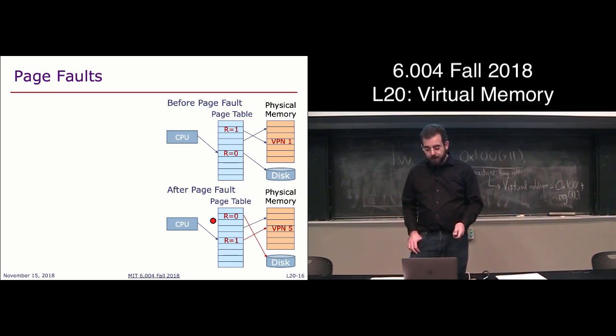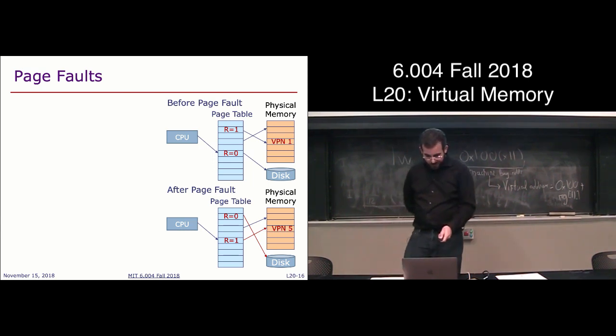And so after the page fault, we're going to have the following setup. First, the OS is going to write whatever contents of the virtual page here, virtual page 1, it's going to evict that page to disk, right? And then it is going to load the page, virtual page 5 over here, from disk to the location where virtual page 1 was.